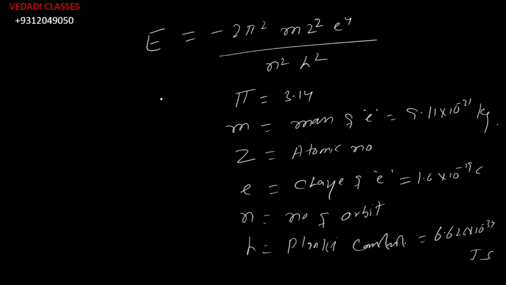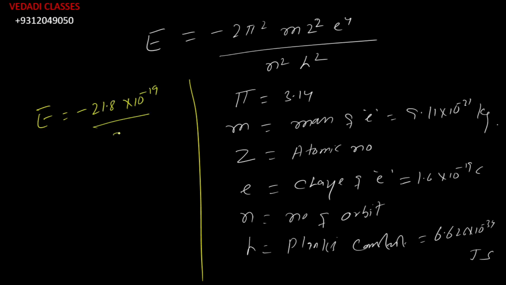Now when you put in all the values and simplify, you will get E equal to minus 21.8 into 10 power minus 19 divided by n square, in joule per atom. When you want to convert it into electron volts, 1 electron volt is equal to 1.6022 into 10 power minus 19.